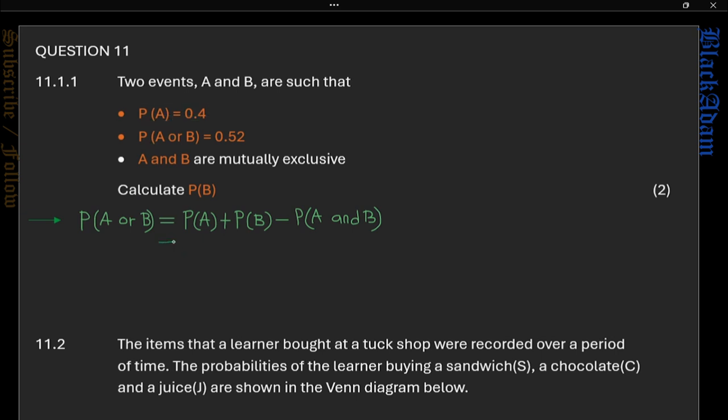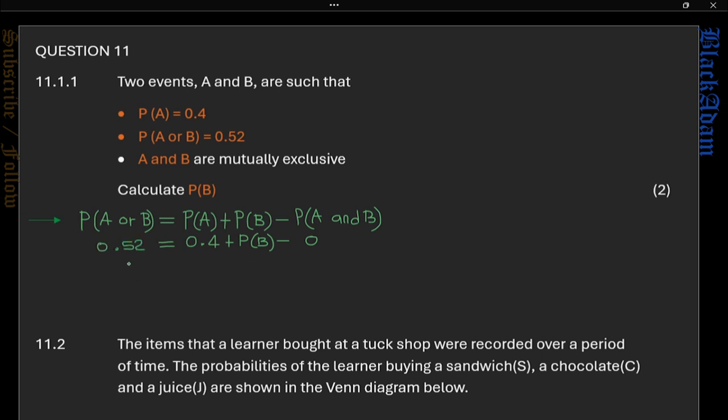So probability of A is 0.4, and probability of B is what we need to solve. Mutually exclusive means that probability of A and B is 0, and probability of A or B is 0.52.